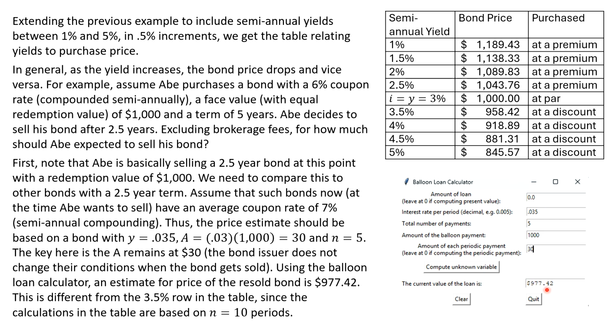And then you get $977.42. Again, this is different from that number here because that was based on N equals 10, and as we noted, Abe is selling the bond with 2.5 years left, so we only had 5 semi-annual periods, thus the number 5 in here.